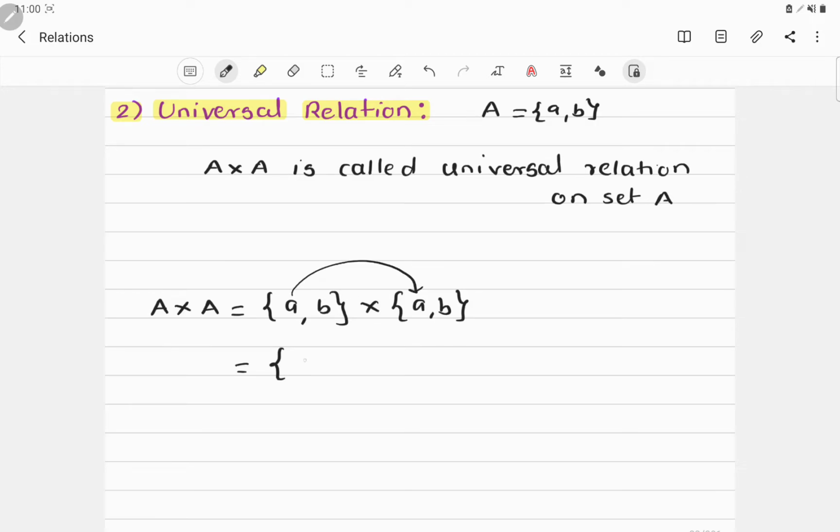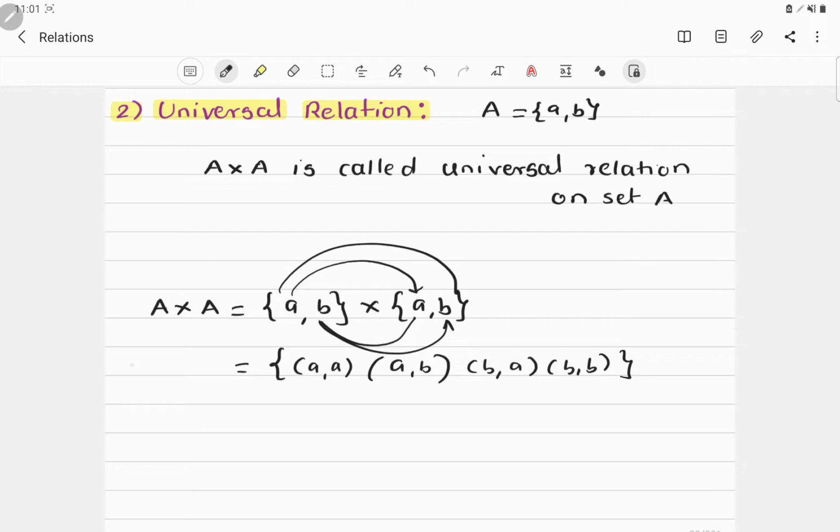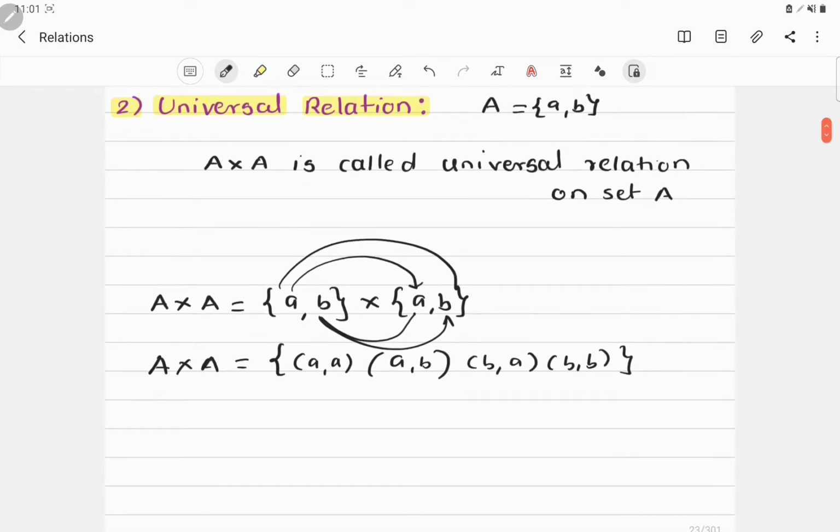So the first ordered pair is (a, a). Then the second ordered pair is (a, b). Then the next ordered pair is (b, a), and the last one is (b, b), right? So this is the maximum possible number of ordered pairs under A cross A. This A cross A is called the Cartesian product with itself, and all the elements under this Cartesian product is called the universal relation.